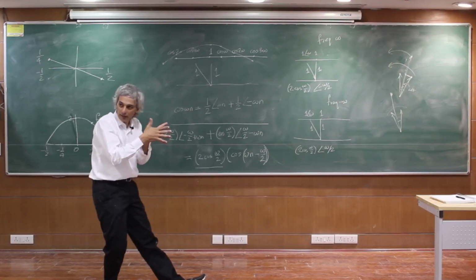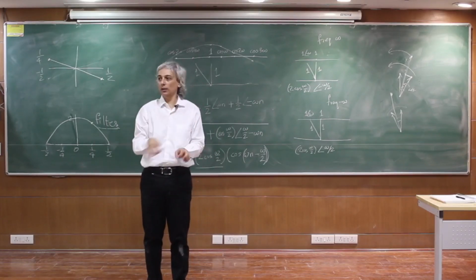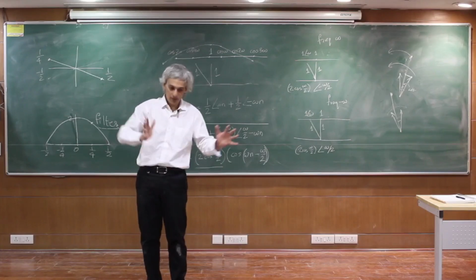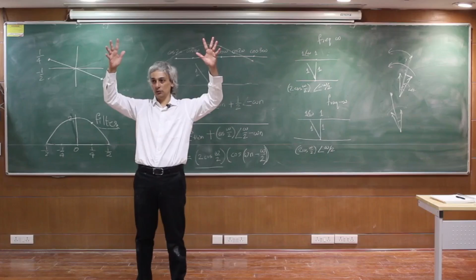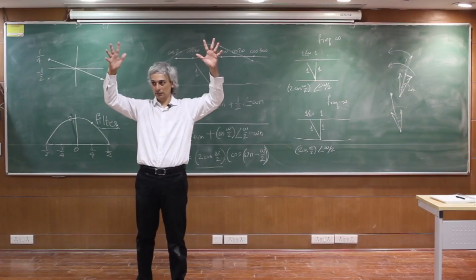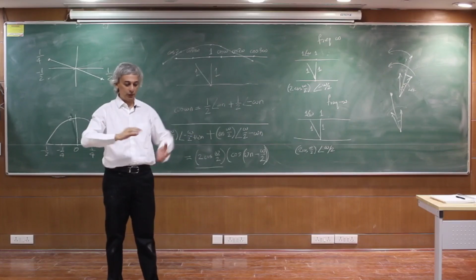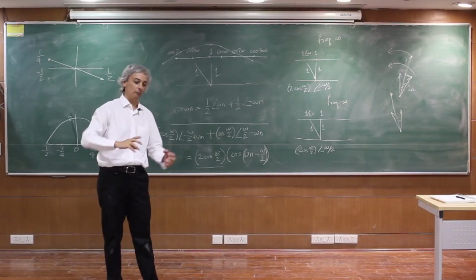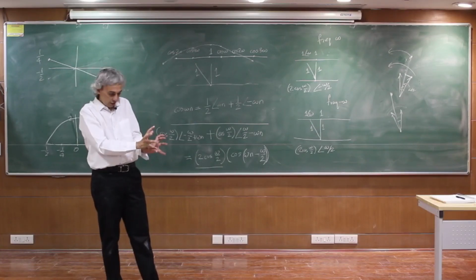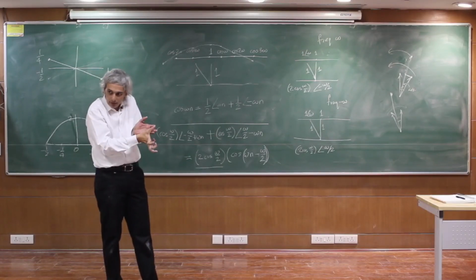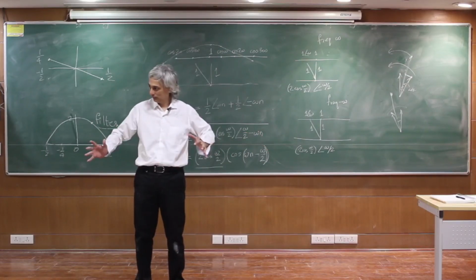You add them back, you will again get a sinusoidal, but that sinusoidal could be of a different amplitude and could be leading or lagging the original sinusoidal. Why? Because if the output spirals have a different amplitude, the output sinusoidal will have a different amplitude. If the output spirals have moved in phase like this, then the output sinusoidal will have moved in phase like this.